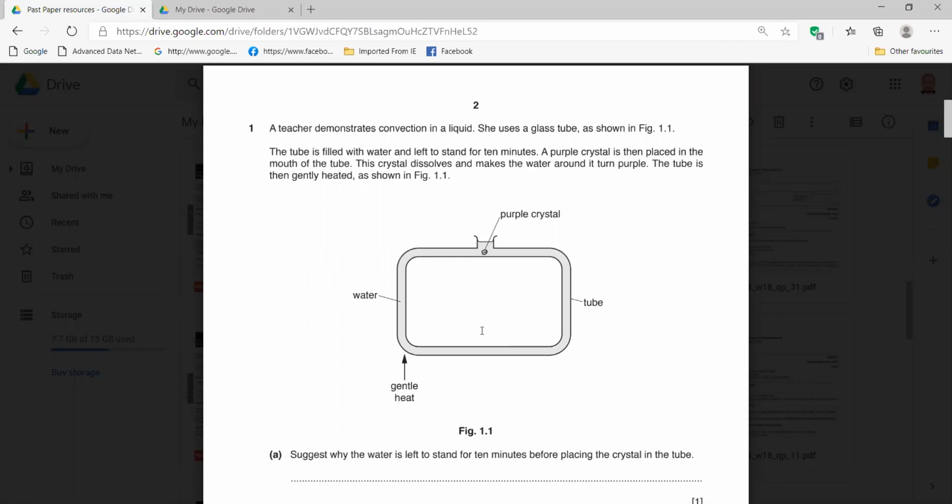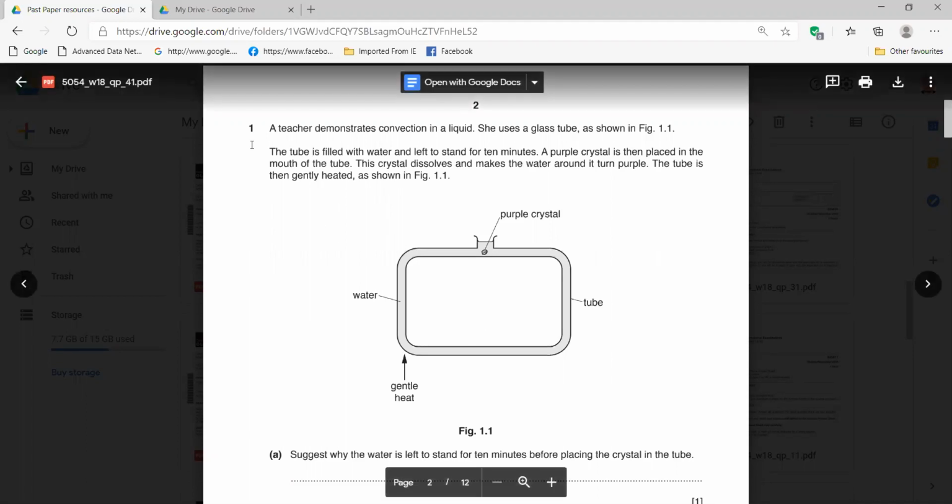So, sir, we are hitting. Yeah, you are hitting. You already said you got the points about convection: lower density molecules rise up and more dense molecules sink down, right?